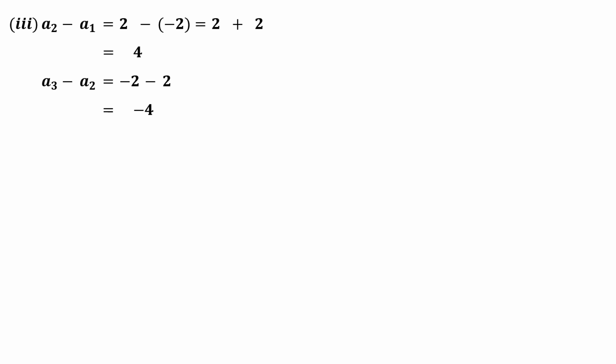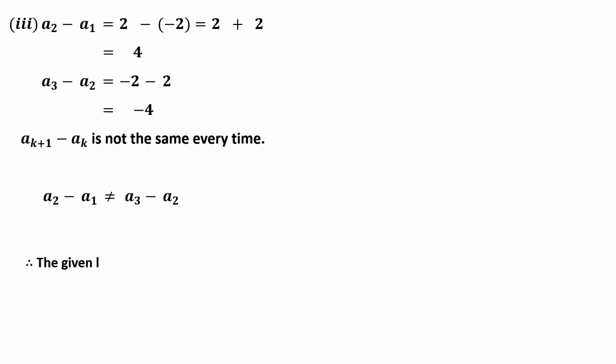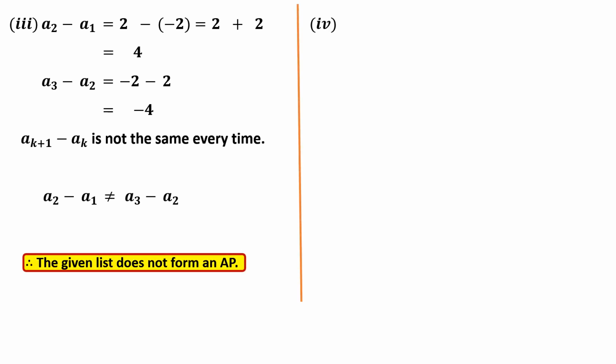A2 minus A1 is not equal to A3 minus A2. A(k+1) minus A(k) is not the same every time. What do we infer? The given list does not form an AP.